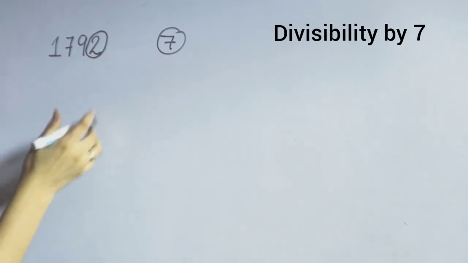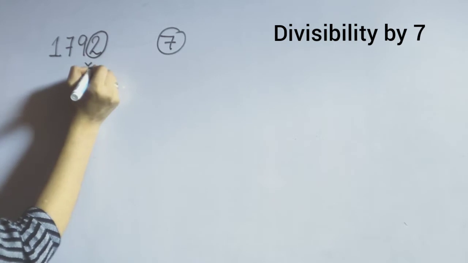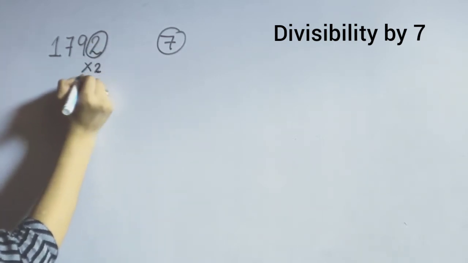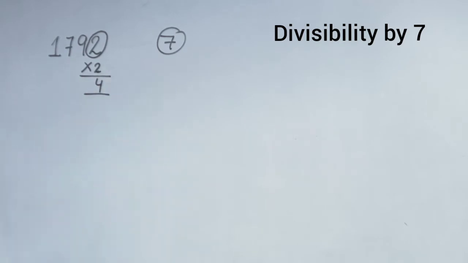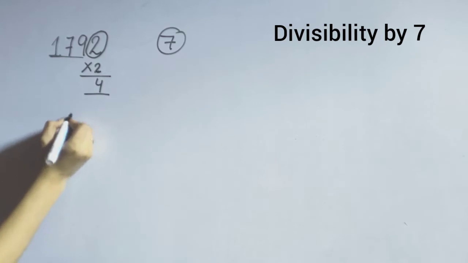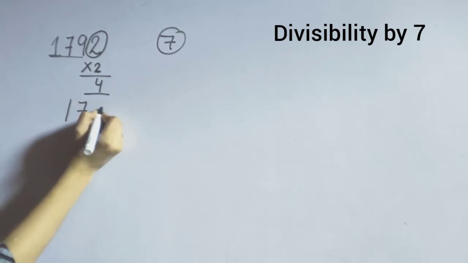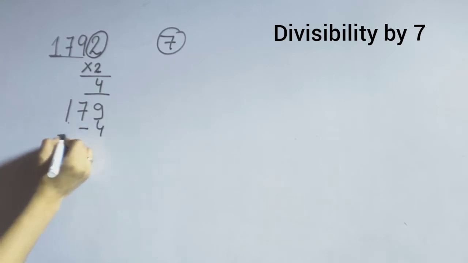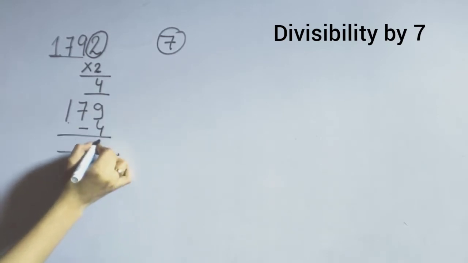We will multiply this last digit by 2. 2 2s are 4. Now we will subtract this 4 from the rest of the number, from 179. 9 minus 4, 5.